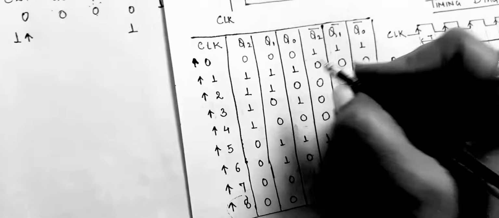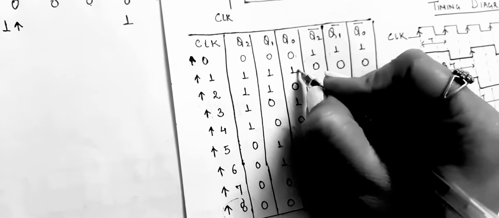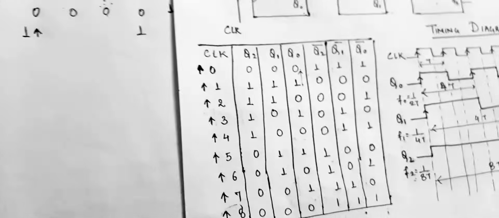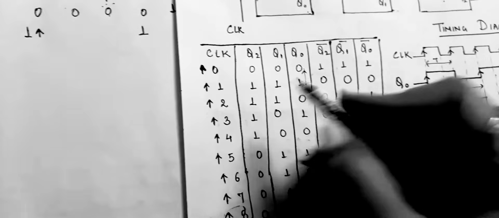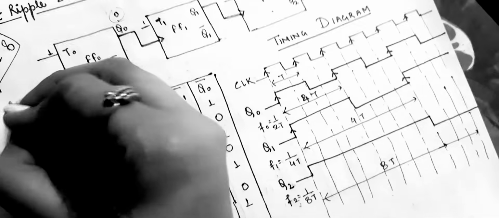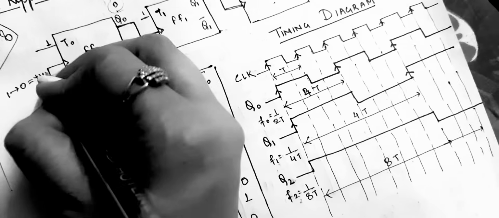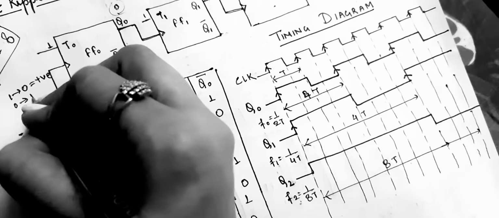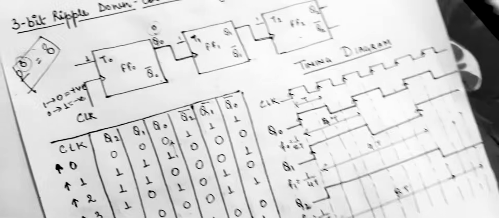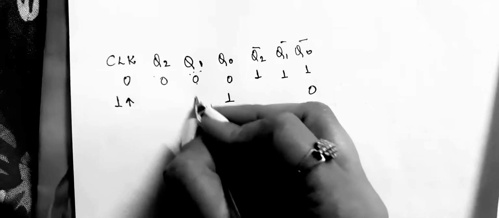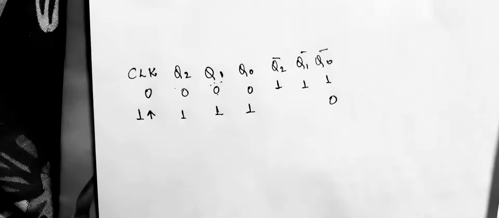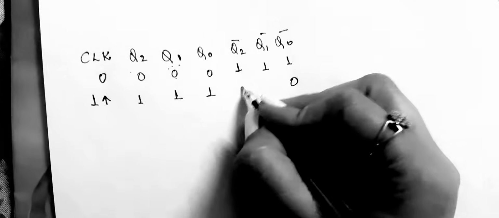The transition is from 1 to 0. When the transition is 1 to 0, it is positive, and when the transition is 0 to 1, it is negative. We know this concept. Now here your Q1 will be 1 and your Q2 will be 1, because we are using the positive edge triggered only. So your Q2 bar will be 0 and your Q1 bar will be the complement of it.